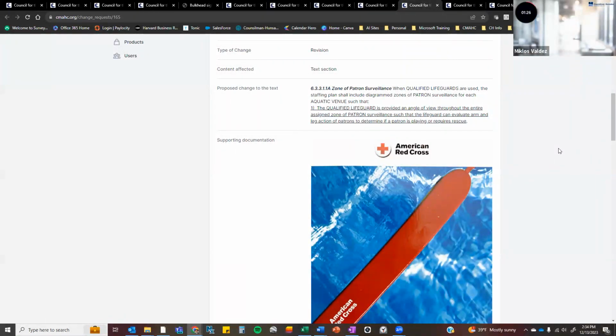Each of the certification bodies has their zone evaluation or zone validation test methods. I think what they're trying to get at in this is to qualify number one, like what does it mean when you say you can view the entire area? But I don't think that this really is the right way to qualify that.